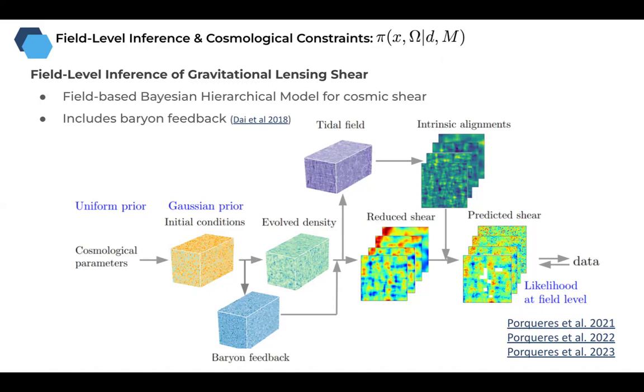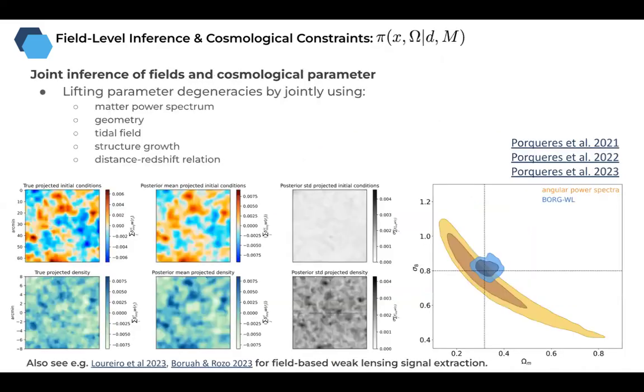The most important point that Natalia was able to demonstrate is that using a field-level inference approach, we can extract much more information from the original data. What you can see here in the left panels are the actual true initial conditions. In the middle panel, you see the ensemble mean reconstructed initial conditions.